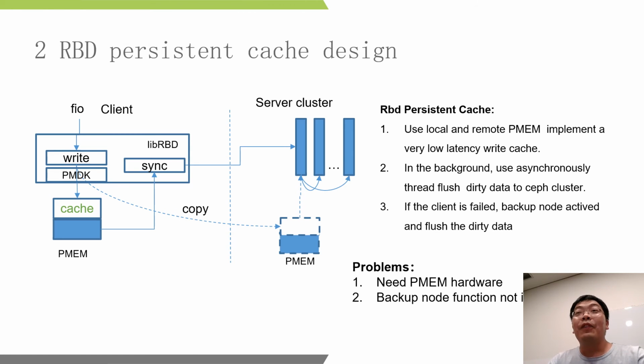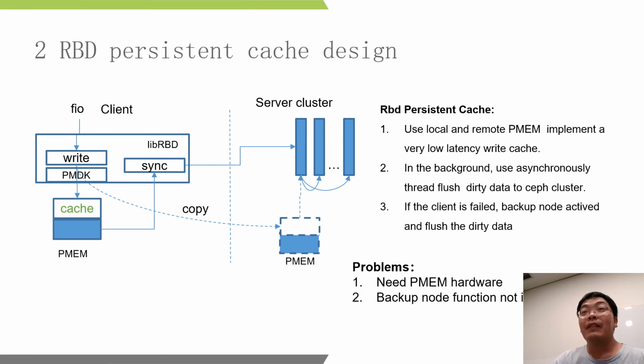Okay. The following describes the latency optimization based on RBD persistent cache. With RBD persistent cache, data is written to the local persistent storage and the remote backup node directly, bypassing the Ceph message and process.